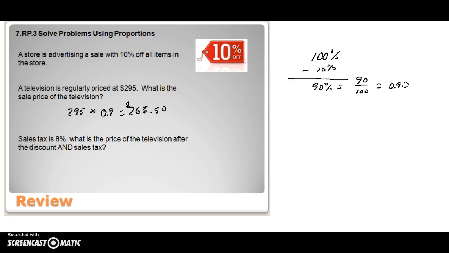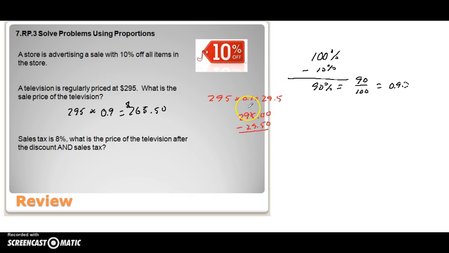The other way to do this is to find 10%: 295 times 0.1 equals 29.5. Then I subtract that from the original, 295 minus 29.50.